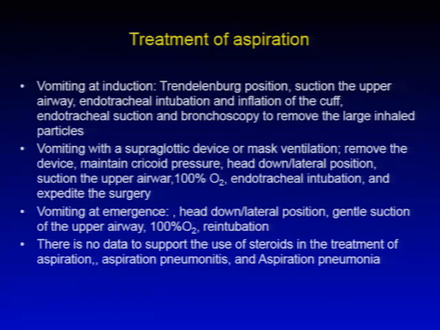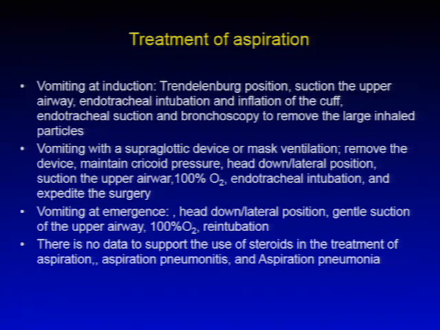When aspiration occurs, treatment for vomiting at induction includes putting the patient in the Trendelenburg position, suctioning the upper airway, endotracheal intubation, and inflating the cuff. Then perform endotracheal suction and bronchoscopy to remove the large inhaled particles.